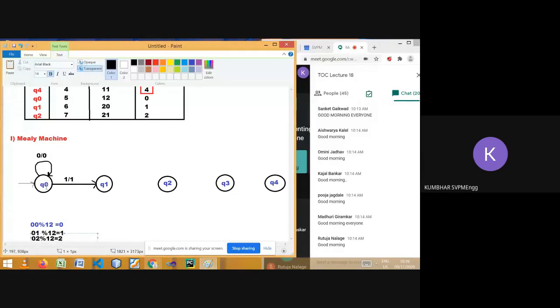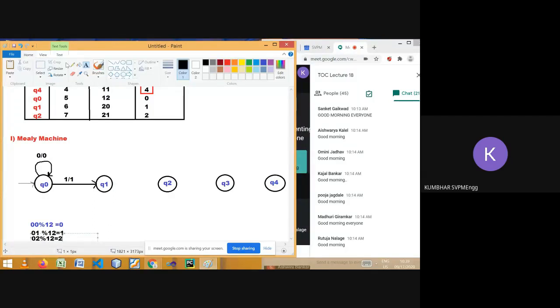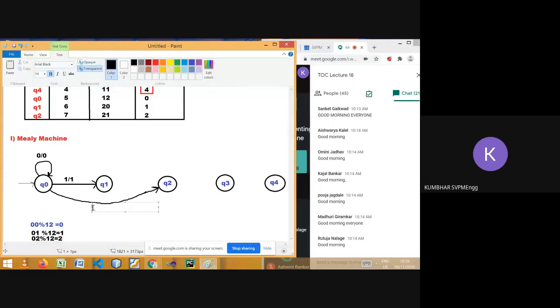Which state is that? Q2. That's why I am going to show the transition from Q0 to Q2 after reading the symbol 2 as an input, and the output is also 2 because the remainder is 2.